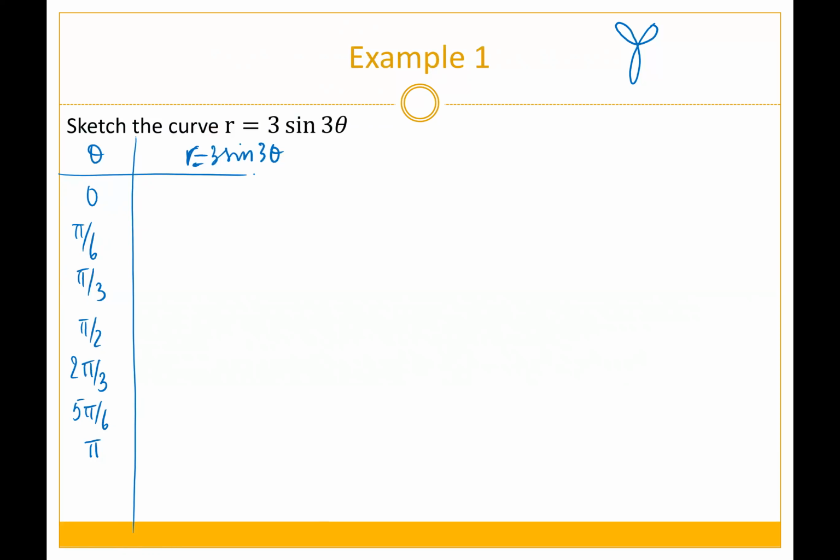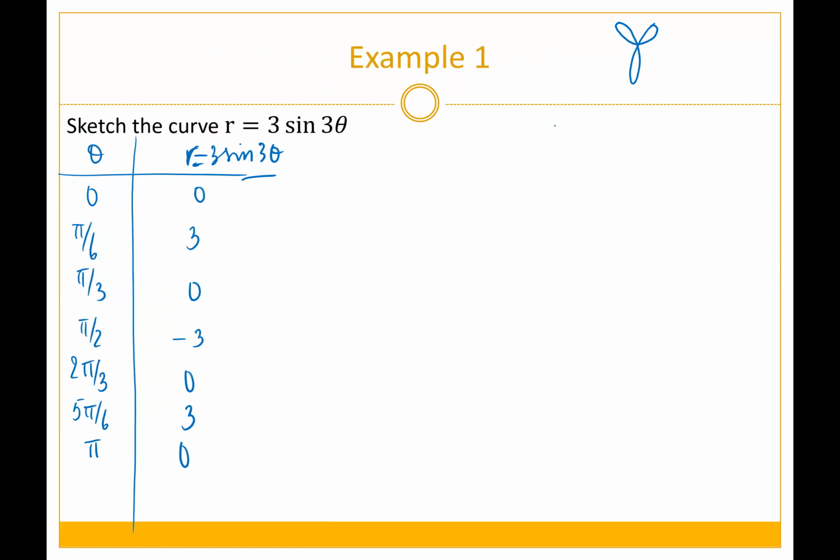The first is 0. Pi over 6 gives 3 times sine of pi over 2, which is 3. Pi over 3 gives 0. Pi over 2 gives negative 3. 2 pi over 3 gives 0 again. 5 pi over 6 gives 3 sine of 5 pi over 2, which is essentially 3. And pi gives 0.